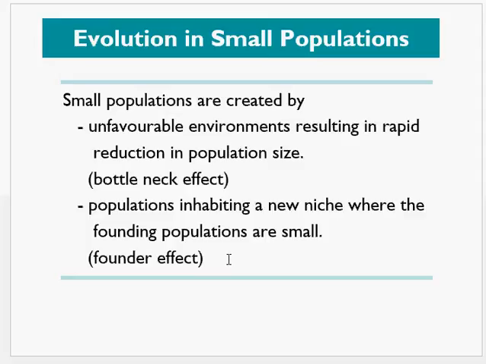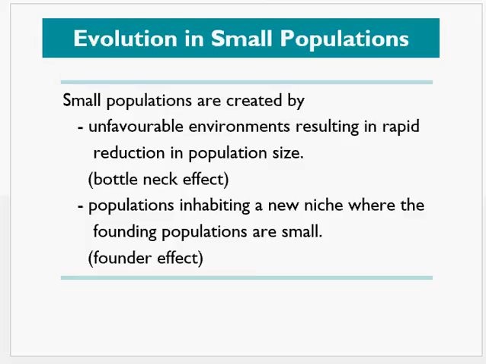Both of these populations, no matter how they arise, are small. So they both suffer from processes which occur in small populations, and that dominant evolutionary process is the random genetic drift.